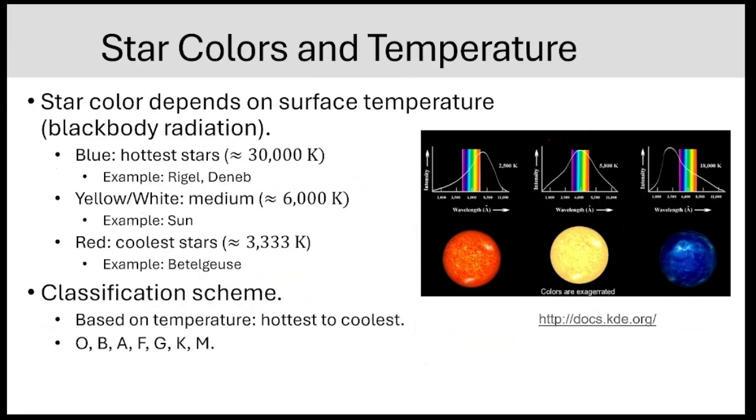And the color of stars is really important when we characterize the stars. A star's color reveals its surface temperature, like we said before, based on black body radiation. Blue stars are generally the hottest stars with a temperature of nearly 30,000 Kelvin.